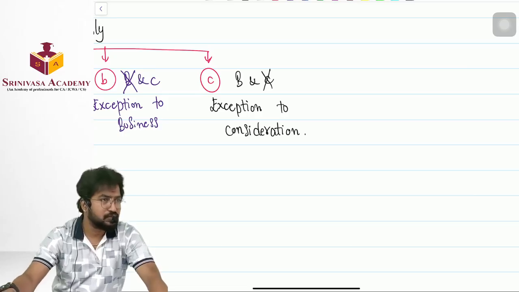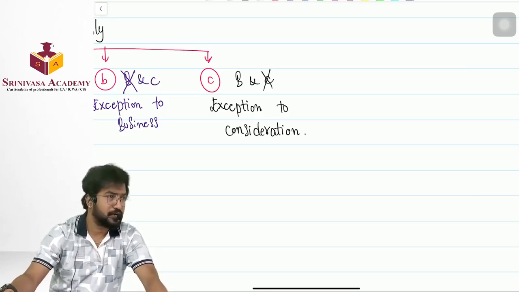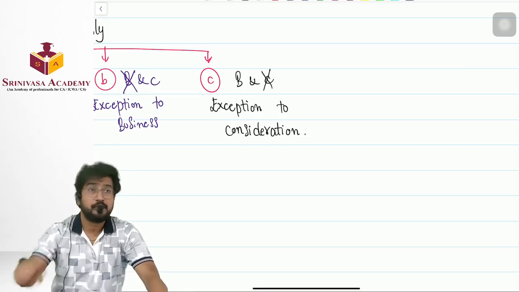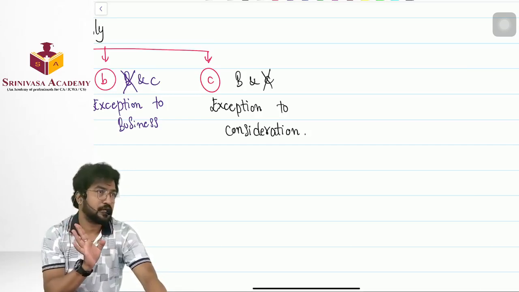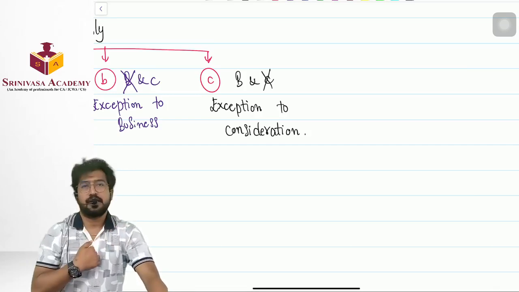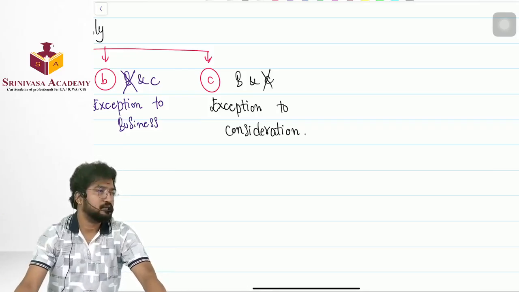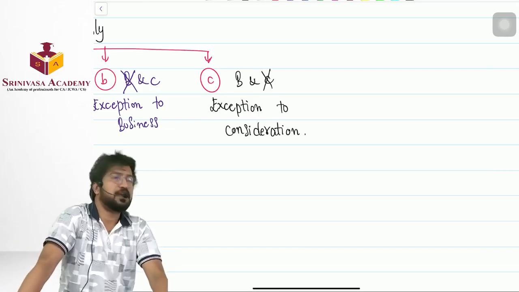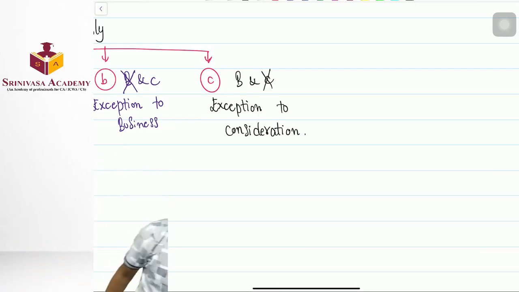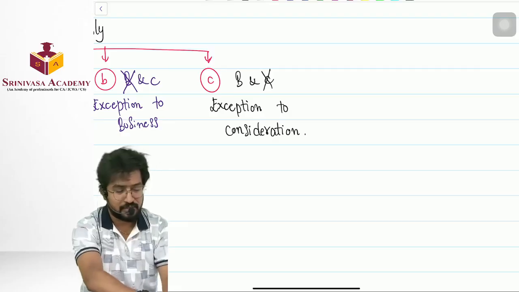In this case consideration is not required, so business should be there. You and I are related persons, selling something without consideration in the course of business. Supplier or not a supplier? Am I clear?